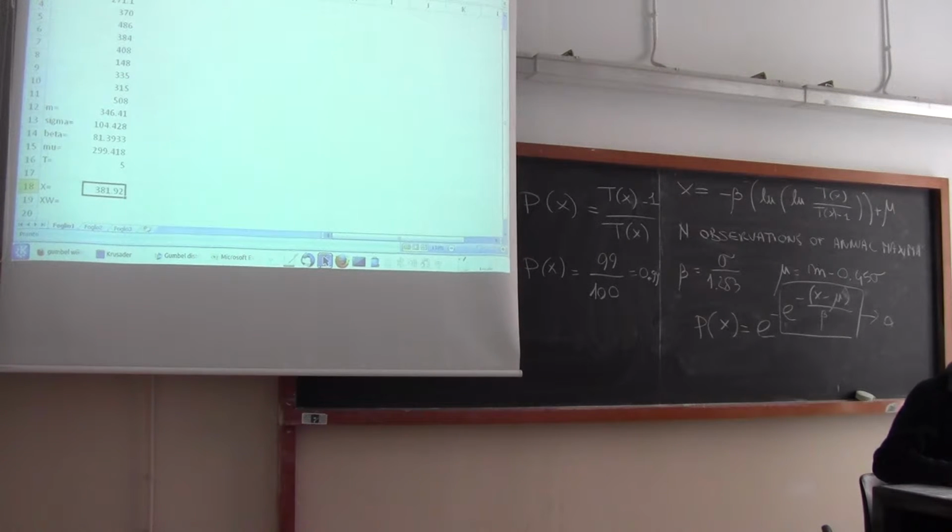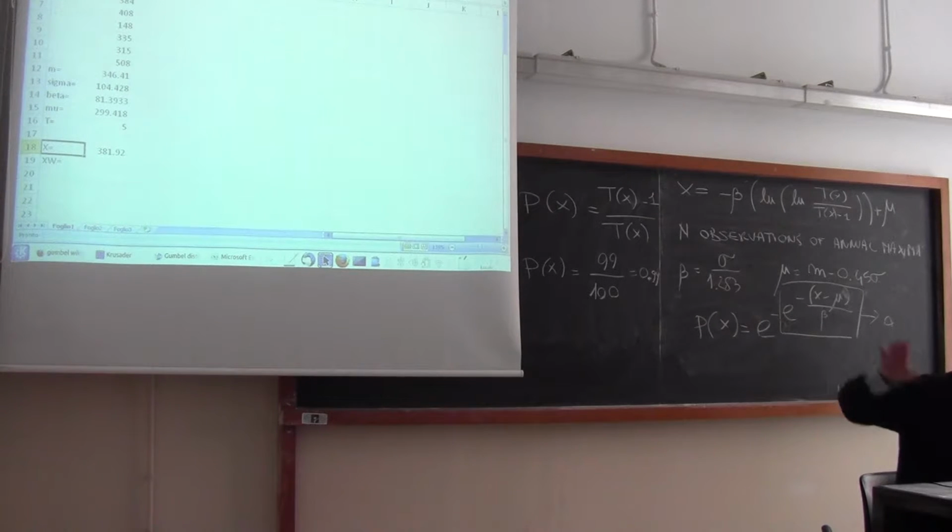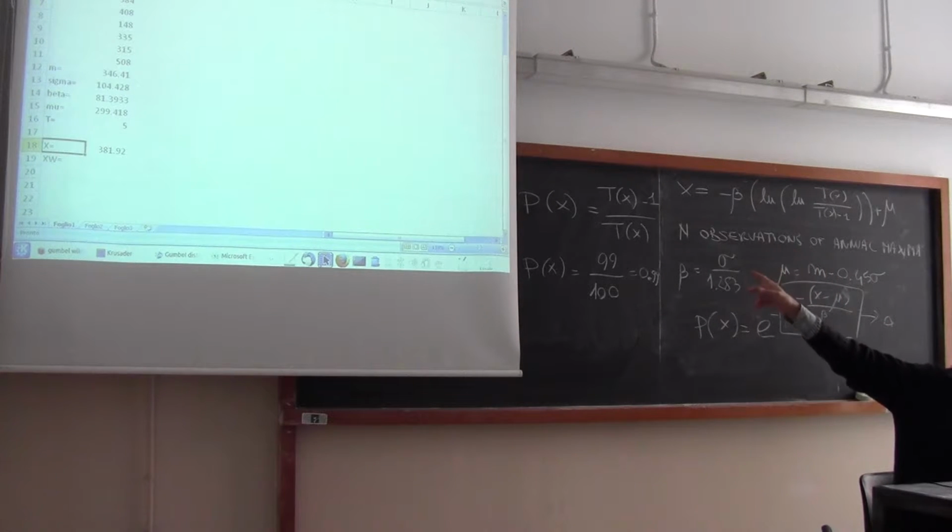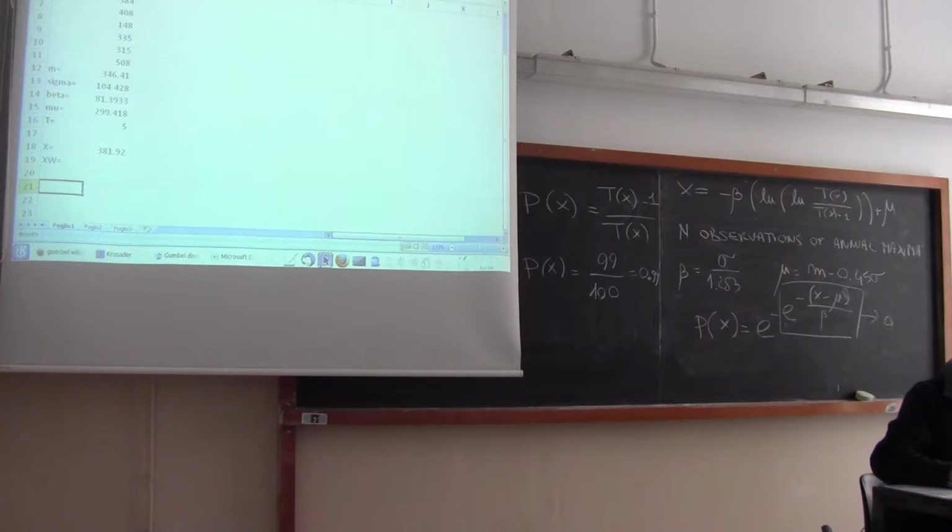Let's suppose that I want to calculate the probability for this x value, because in this way I avoid inverting this relationship. So the probability is, according to Wikipedia, F of x.